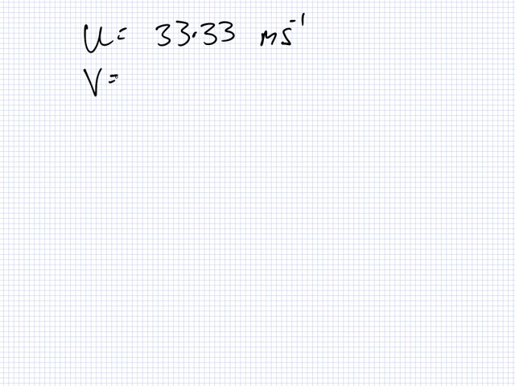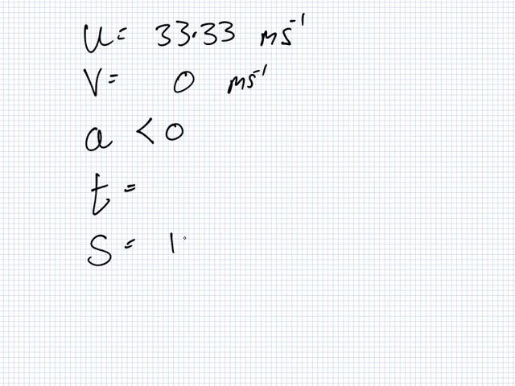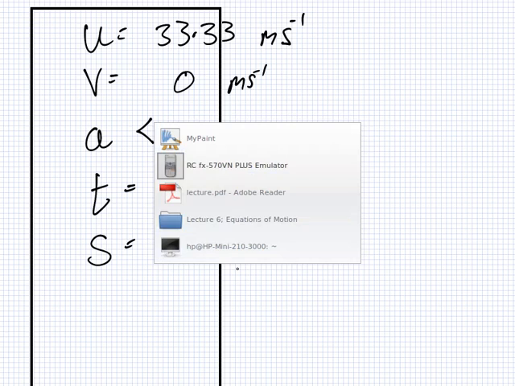My V I definitely know. What's the V? Zero. The A I don't know. I suppose the only thing I know about the A is that it should be negative. The T I don't know, and the S I do know. It's 100 meters.